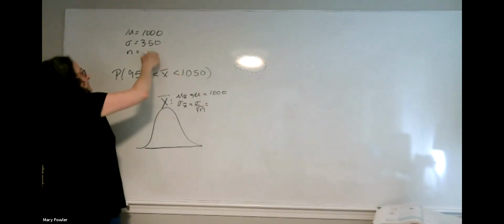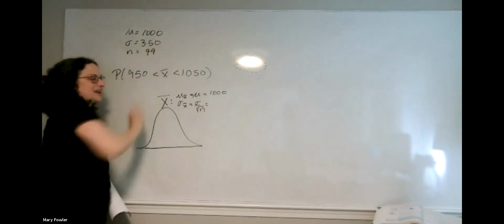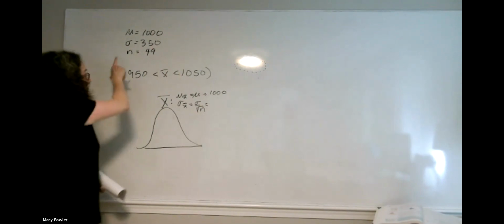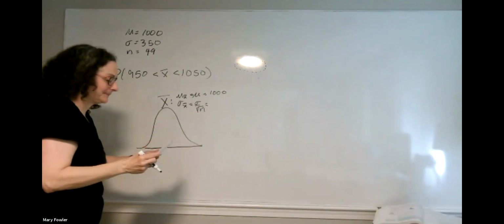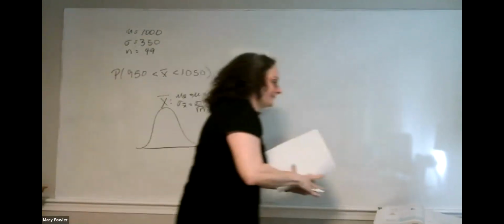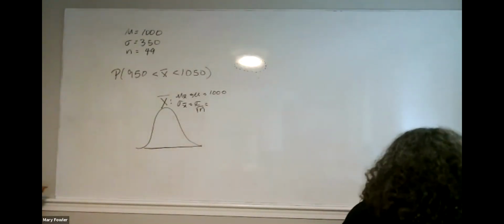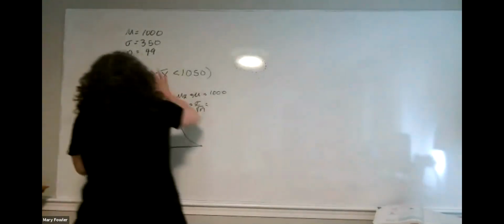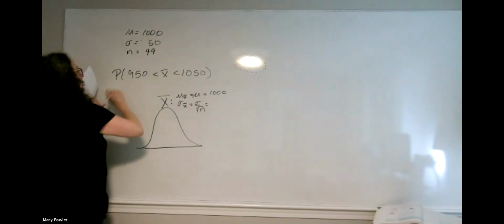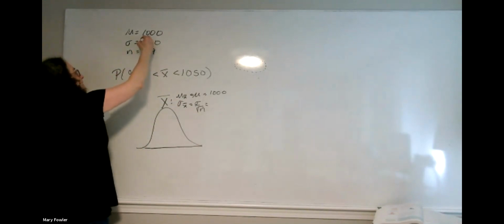I'm sorry, I believe I had an error on the whiteboard. N is 49. Sigma is 150.